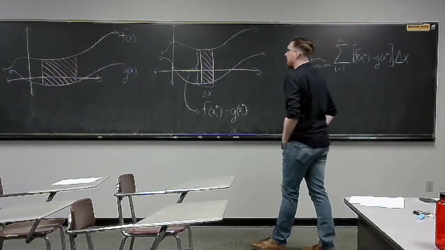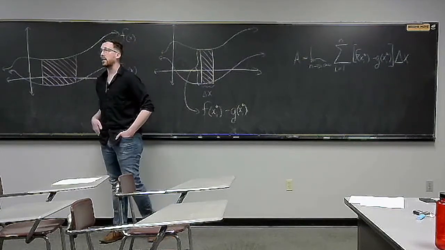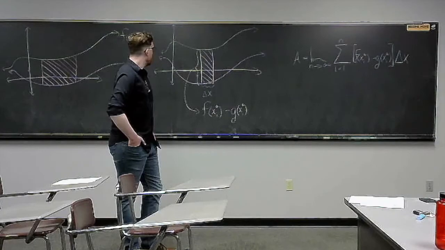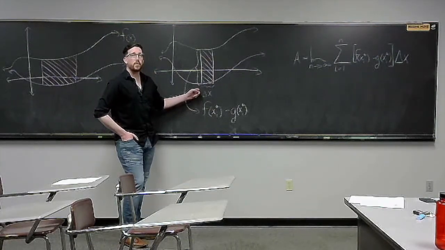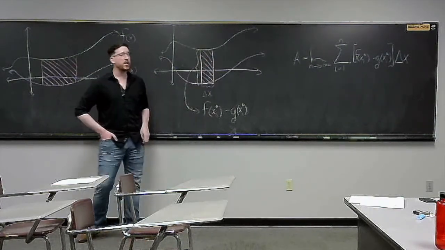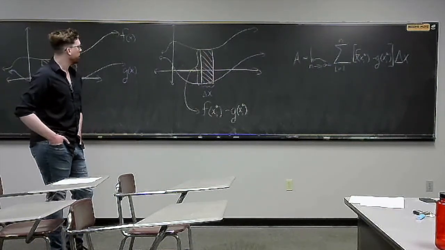Well, if we go back and use that series development idea that we talked about when we initially introduced the integral, then we would need to think about these different rectangles. And the height of any given rectangle is just going to be the difference between the two functions, right?